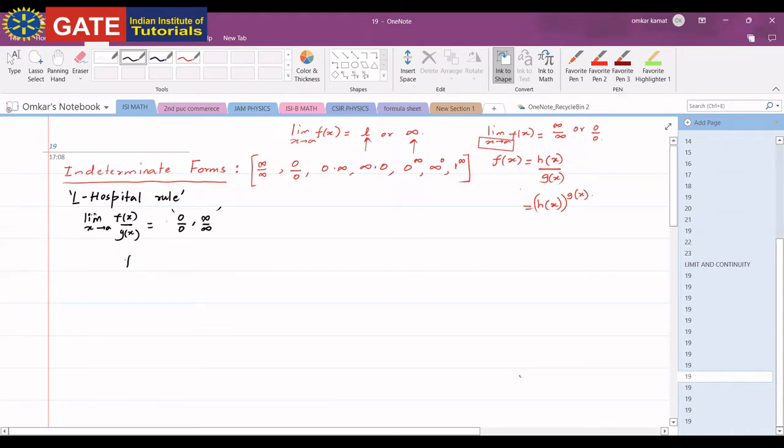Then we differentiate the numerator separately, that is f dash of x, and the denominator separately, that is g dash of x, and then find its limiting value as x tends to a. Again, if we get 0 by 0 form or infinity by infinity form, we successively apply the L'Hopital rule: limit as x tends to a of f double dash of x divided by g double dash of x, until we get a finite or meaningful limit.